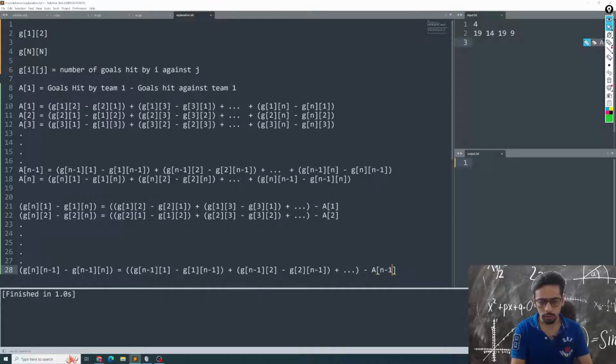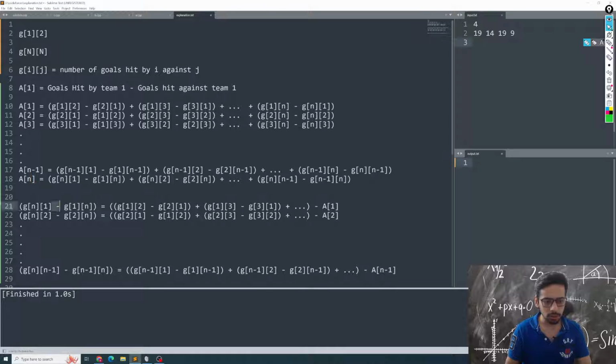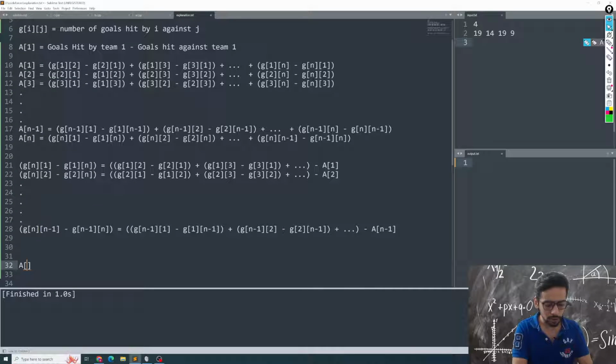Now what you have to do is, your A of n is the sum of these equations, the LHS. So sum these equations, all of them, and you will get A of n on the LHS, because that is what we made, right? This thing is the same as this one. This is the same as this one.